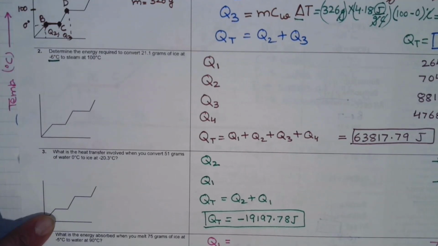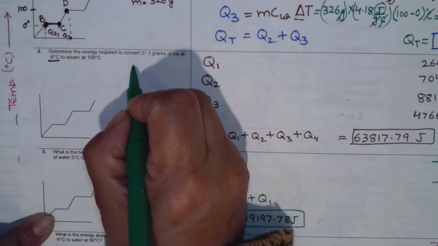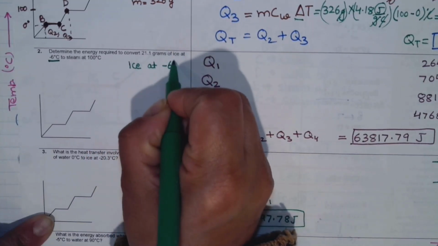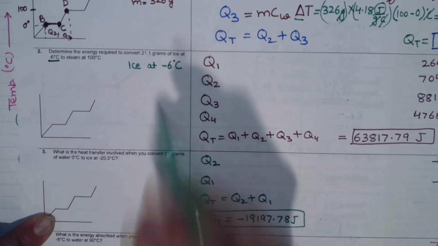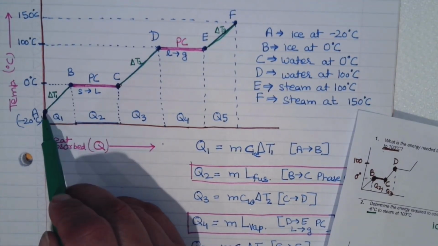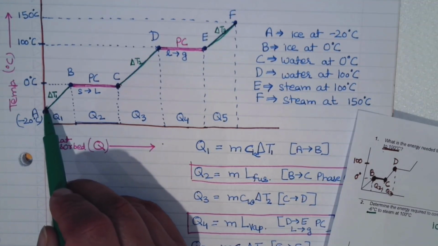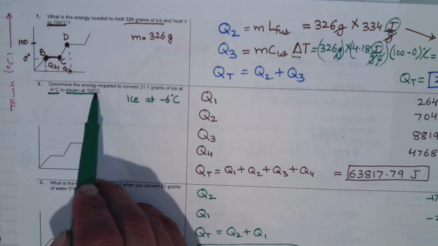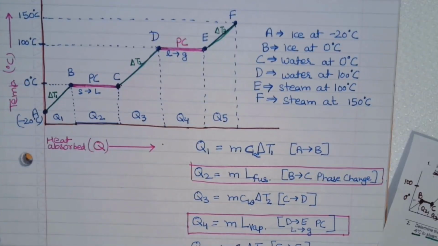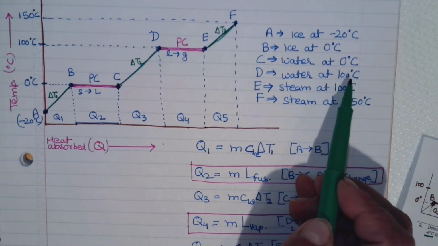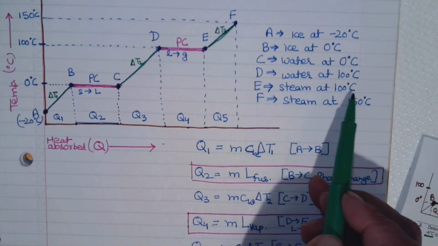So now we have the temperature of the ice. We are starting at ice at negative 6 degrees Celsius. So that would be point, less than 0 is point A, right? So we are starting at point A and we are going to steam at 100 degrees Celsius. So now at point D we have liquid water at 100, but we are going to steam at 100 degrees Celsius.